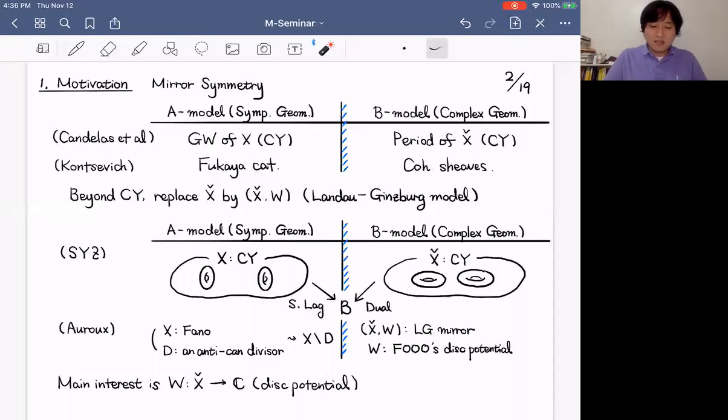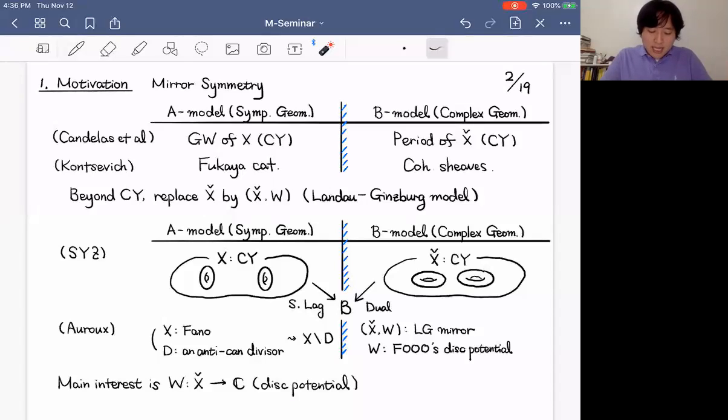Today we are interested in Fano varieties on the A-model side, and the mirror side will be the Landau-Ginzburg model. The more concrete conjecture along this line is SYZ mirror symmetry.